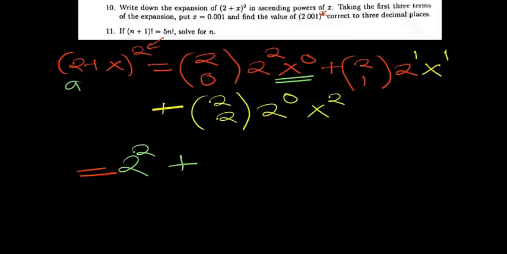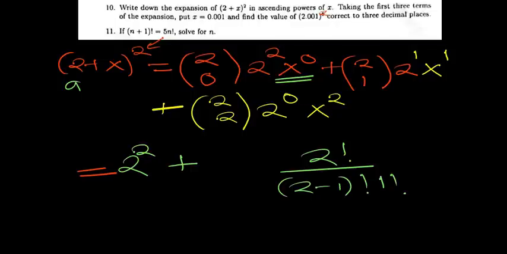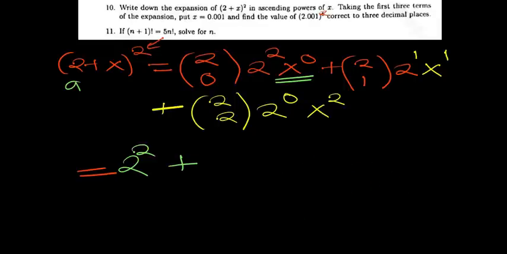For the second part, 2 choose 1 is the same as 2 factorial over 2 minus 1 factorial, and then 1 factorial. Here you end up with 1 factorial on the bottom, so you just end up with 1 on the bottom. In short, you remain with 2 as an answer.